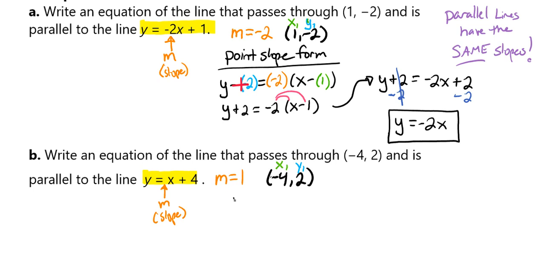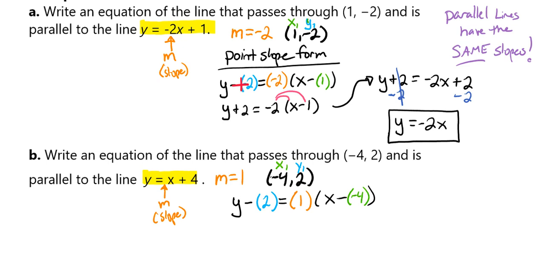So we'll use y minus y1 equals m times x minus x1, and replace our pieces. We'll replace y1 with 2, m with 1, and x1 with negative 4.